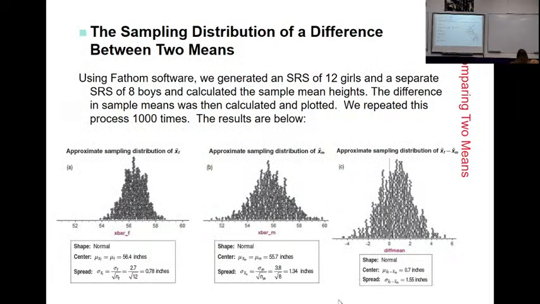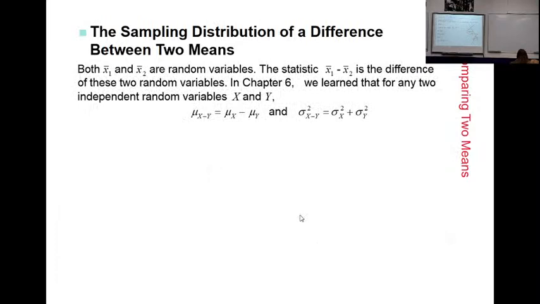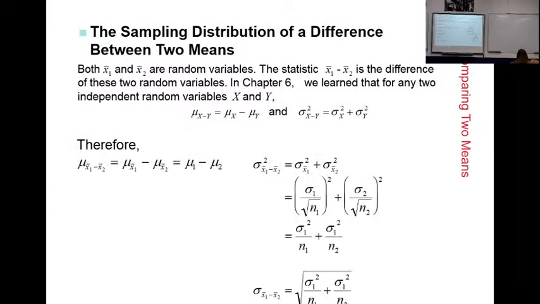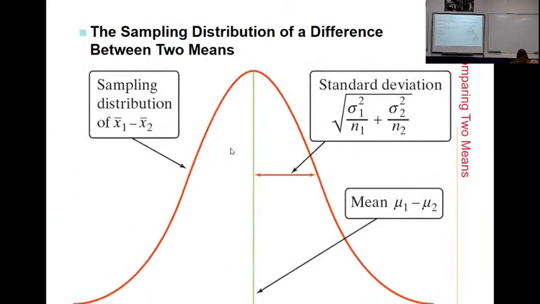So average heights, here's the thing. The main thing is we're subtracting the means and adding the variances. So the mean of the difference is the difference of the means. There's how we get the variances. Add them together. Take square roots, get standard deviation. So shape, center, spread, and distribution looks like this.